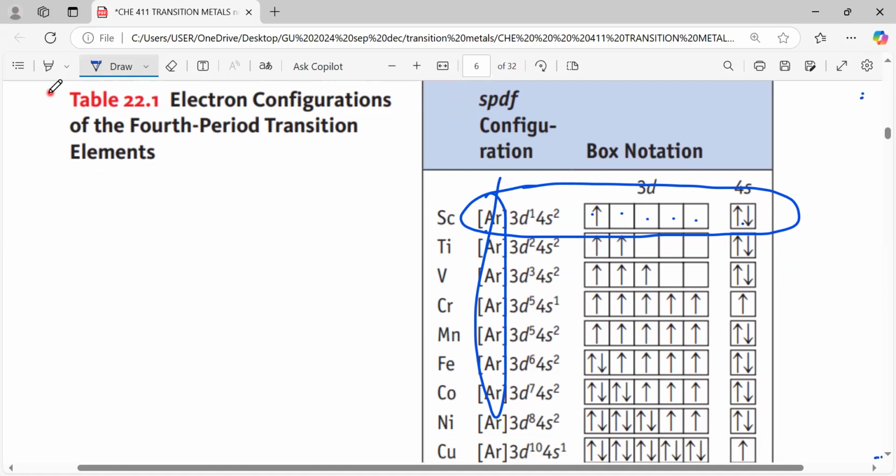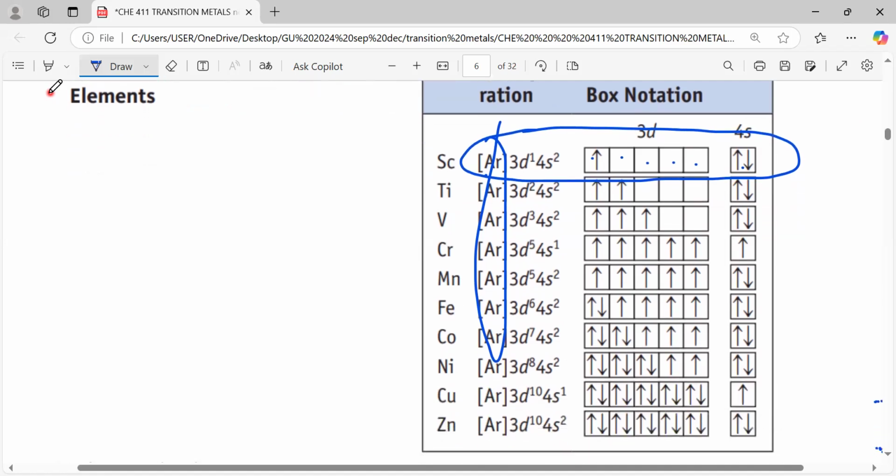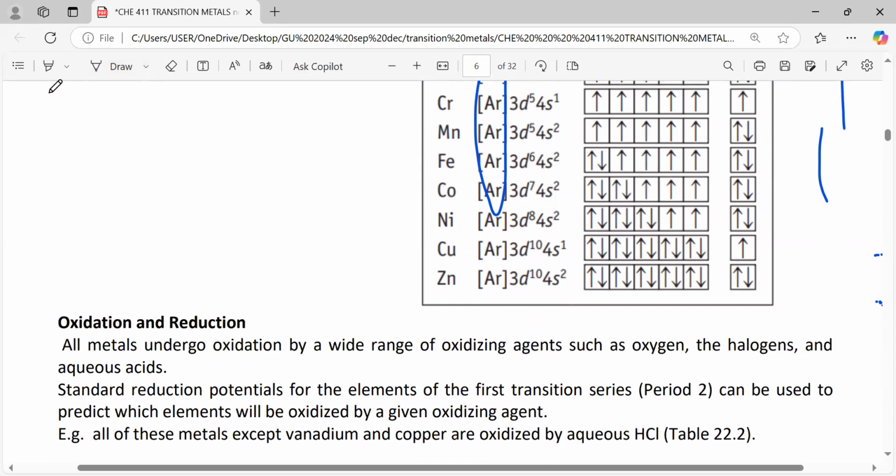So all of us should be able to write the orbital diagrams of transition metals all the way to the last one here, which is full. It's D10S2, so you just fill it.